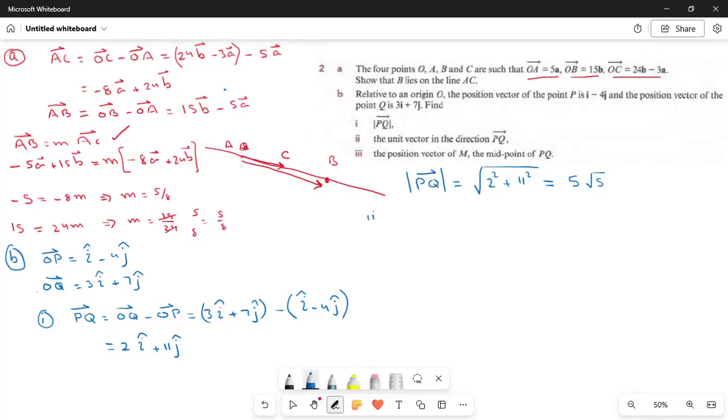Now part 2 says the unit vector in the direction of PQ. You remember a unit vector in the direction of the PQ vector. A unit vector in the direction of this is the vector PQ divided by the magnitude of PQ.